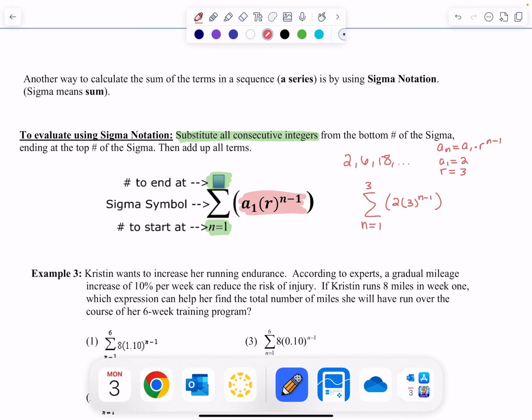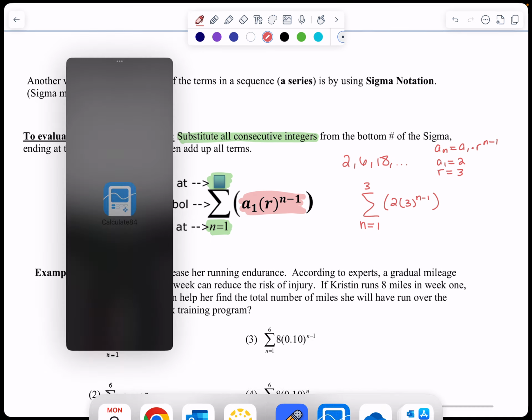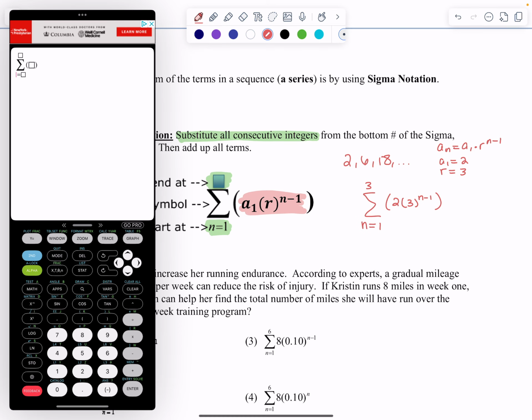So if I go and plug into this, all right, so in the calculator, we would just use x, right? We already know the answer to this because we've added these 3 terms before. We got 26. But this is just another way to get that sum. Tell your calculator, here's my formula for the sequence. Please take the number 1 all the way up to the number 3, plug them in, 1, 2, 3, and then add them up.